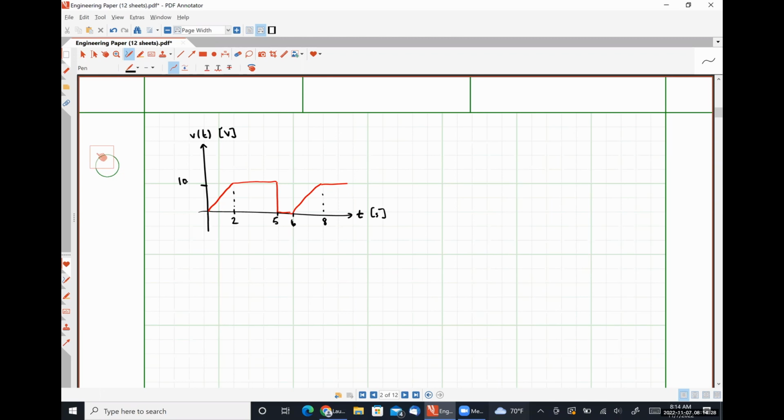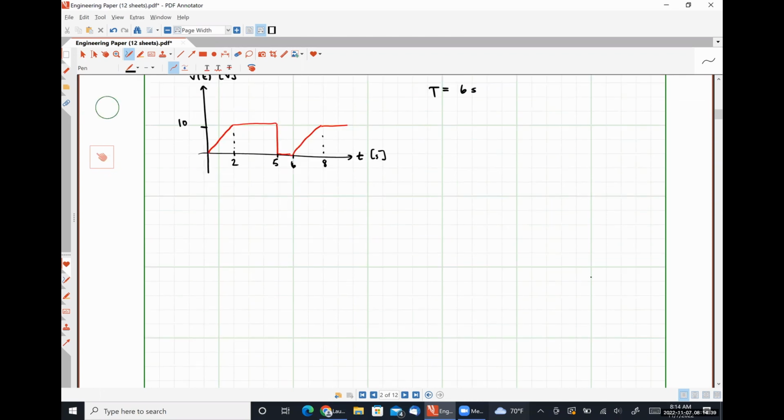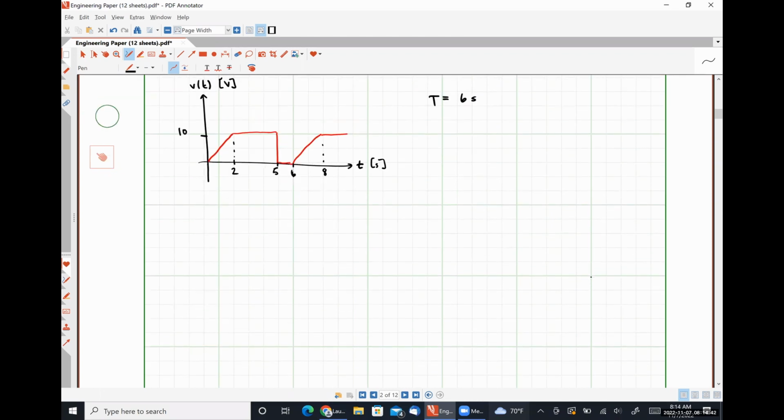Is it periodic? Yes. What is the period? 6 seconds. So T is equal to 6 seconds. So in order to find our effective value for this voltage, we'll have V effective is equal to the square root of 1 over 6 seconds times, and because we have a piecewise function, we're going to have to split our integral up into 3 different parts here.